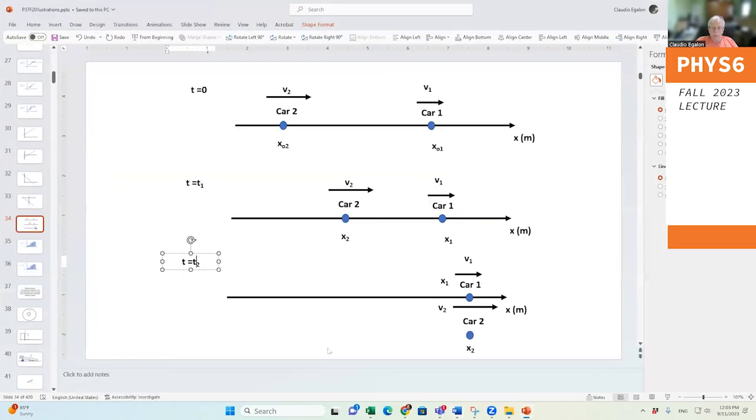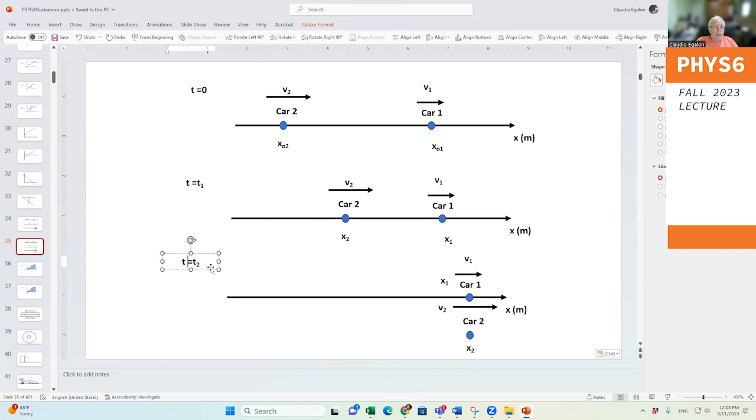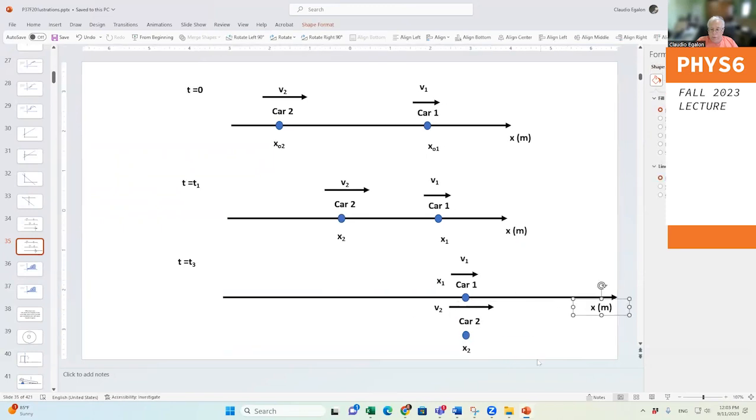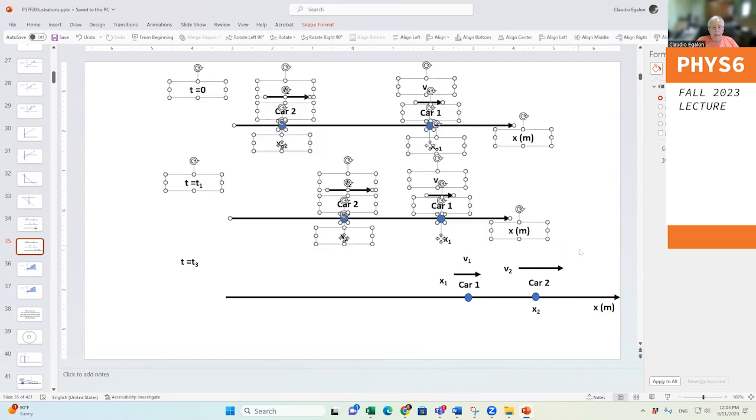If you want to illustrate a little bit later on, at T3, car 2 is going to be ahead of car 1. Like that. Okay? Yes. And I can erase that.